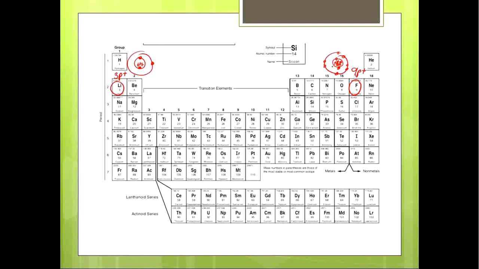Because it has more protons in the nucleus, it's tugging at these electrons more. So it's pulling those electrons in a little bit closer. And so as you go left to right, the size of the atom gets smaller and smaller and smaller.